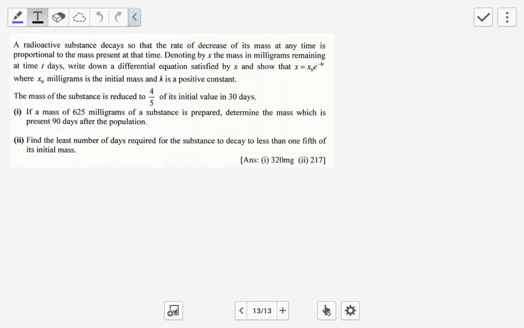So I quickly find out what is considered to be the mass. Since they have defined for us x is the mass in milligrams remaining at time t, the rate of decrease of its mass is just dx/dt.